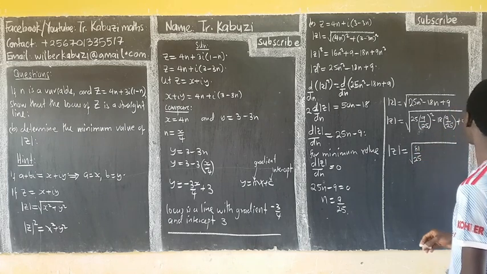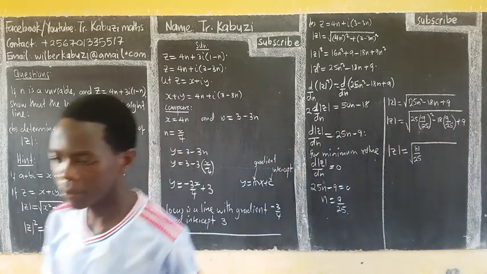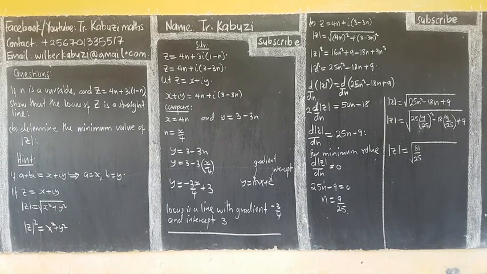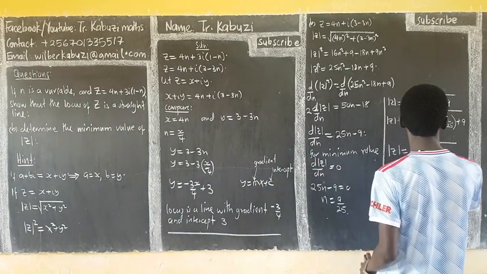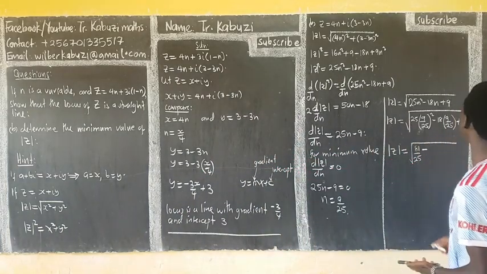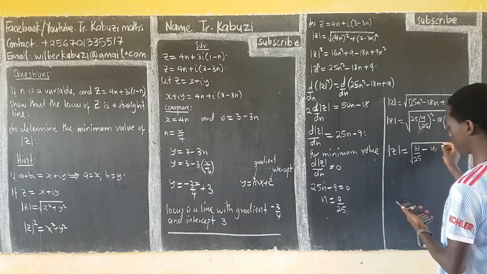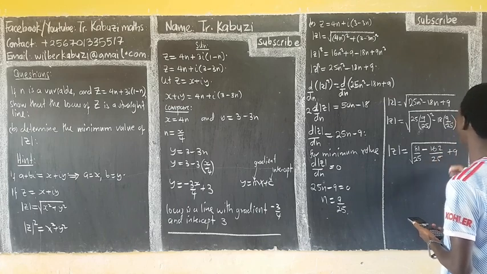and then when you simplify there, this one is going to give me minus 162 over 25 plus 9.